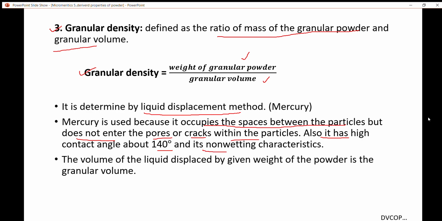Due to its non-wetting characteristics, mercury is used for granular density. The volume of liquid displaced by a given weight of powder is the granular volume, and by knowing the granular volume we can easily determine the granular density.